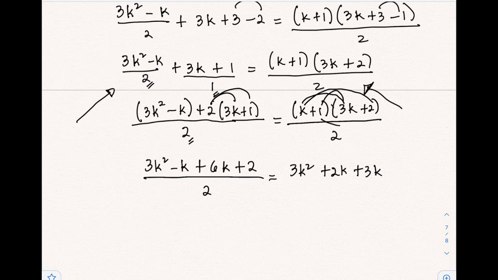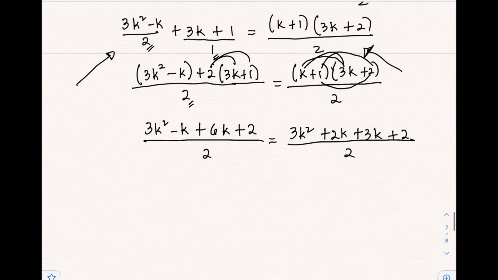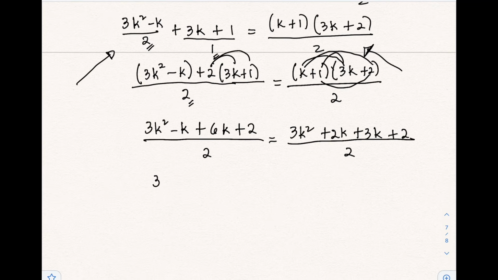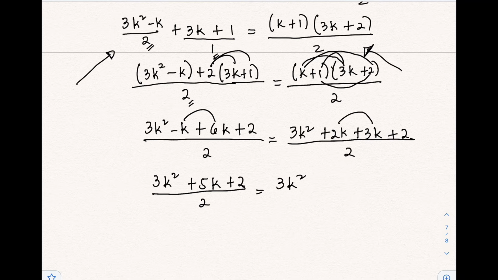Then, last term, 1 times 2, we have positive 2 all over 2. Okay, then combine natin yung mga like terms. We have 3k squared, then negative k plus 6k, this is 5k, plus 2 all over 2, equals 3k squared, then 2k plus 3k, this is 5k, plus 2 all over 2.